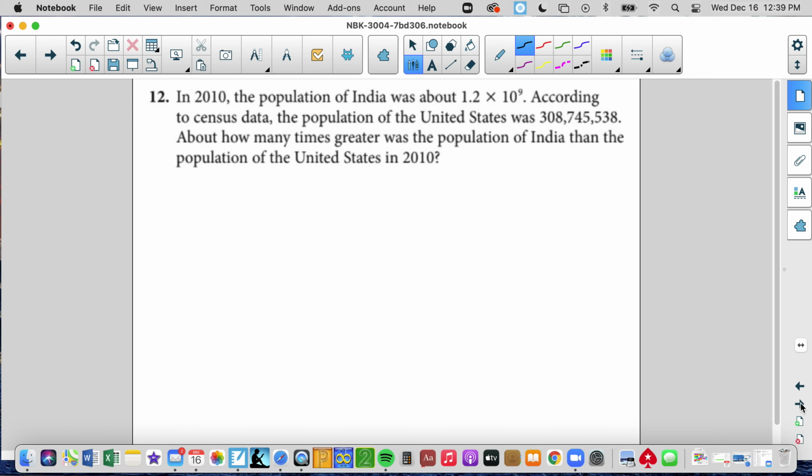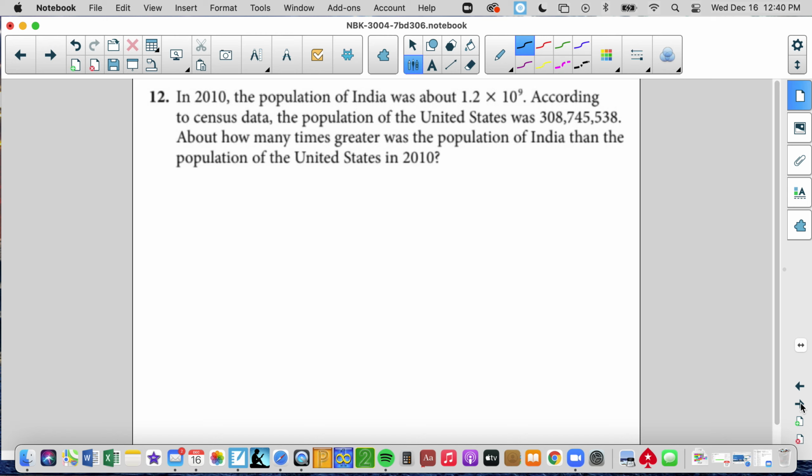Okay, so what we can do is we can either expand one to standard notation, or we can convert them both to scientific notation.